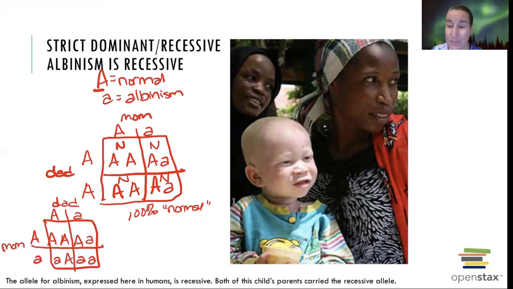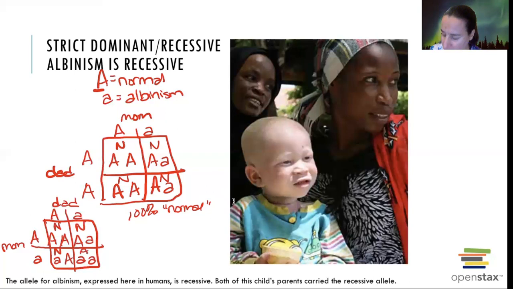All right, so with these parents both being carriers, what is the likelihood that they would have a child with albinism? And in this case, this would be normal because we have a capital letter. This is normal because we have a capital letter. Normal because we have that capital letter for dominant.